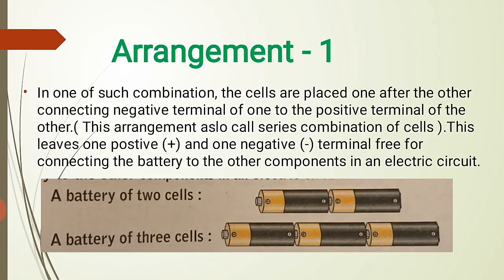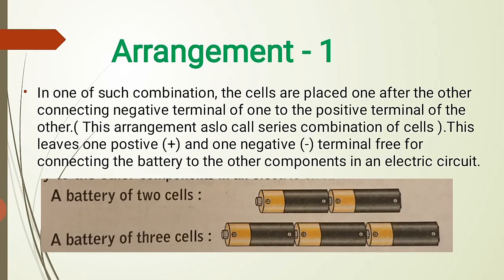This combination leaves one positive terminal and one negative terminal free for connecting the battery to the other components of an electrical circuit. So this is used for connecting other electrical appliances.